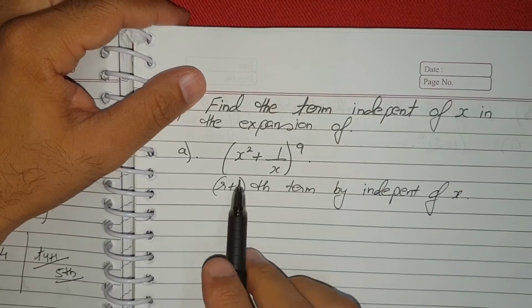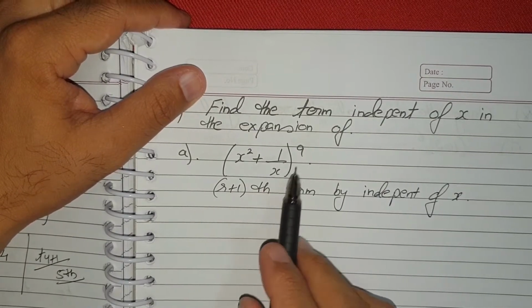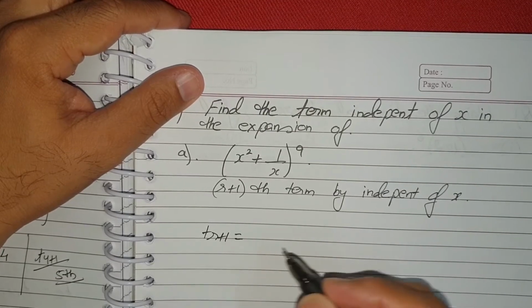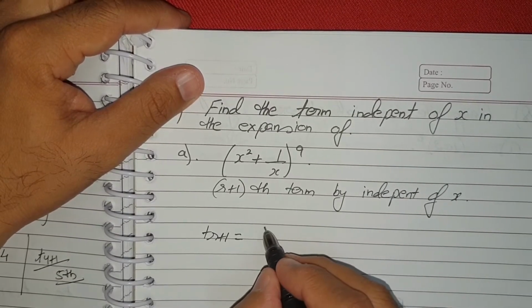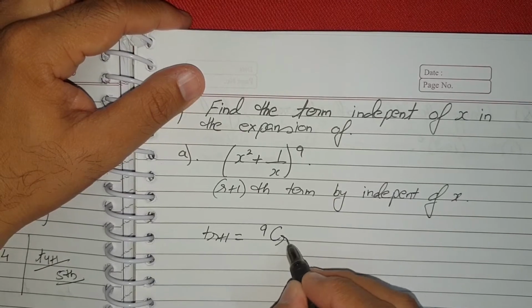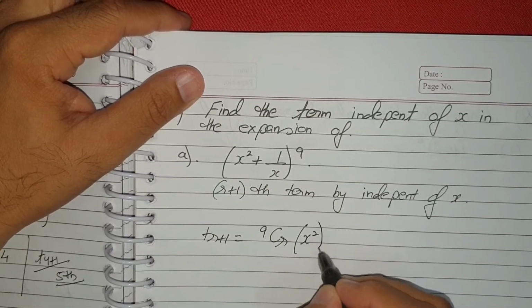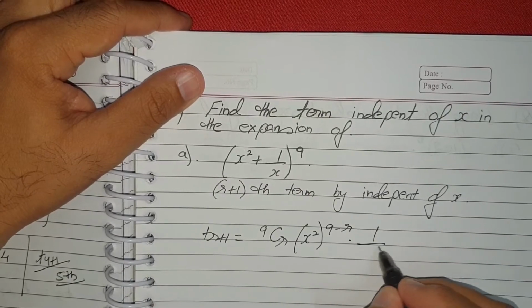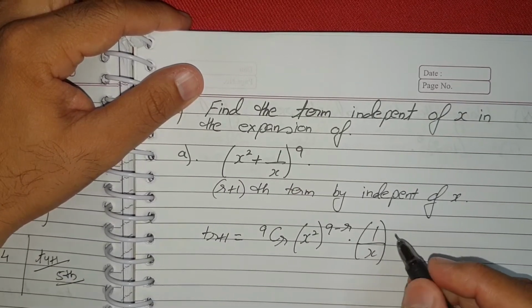Okay. Now, in the expansion of (x square plus 1 upon x) to the power 9, T r plus 1 we will write as 9 C r, x square to the power 9 minus r into 1 by x to the power r.